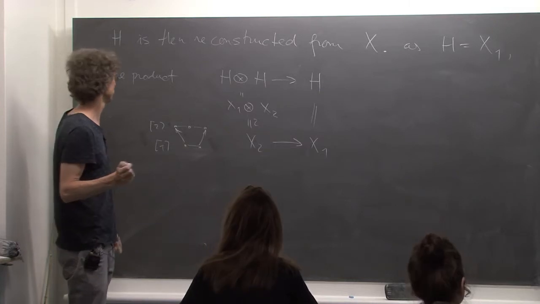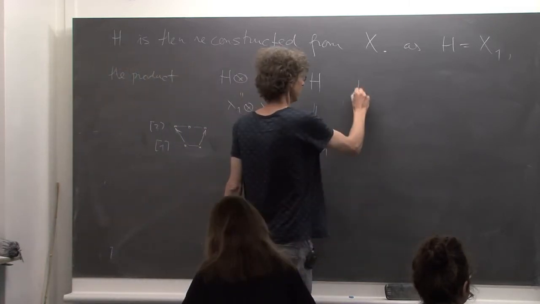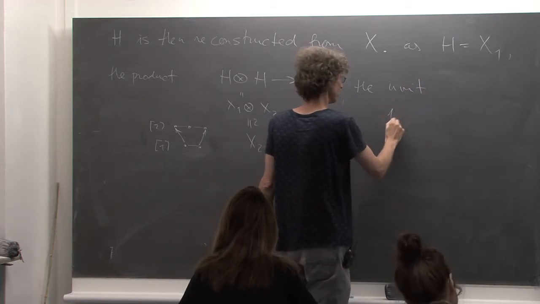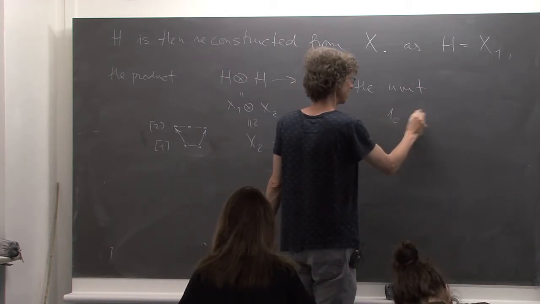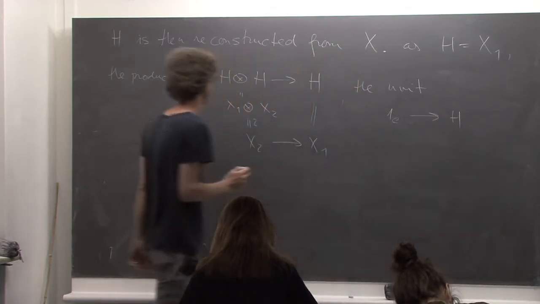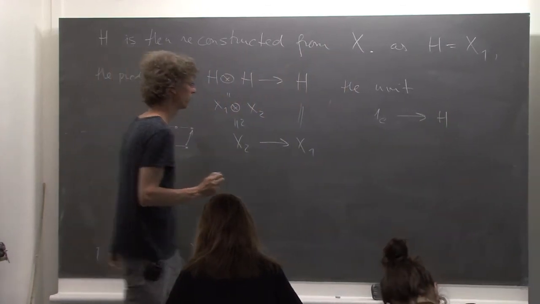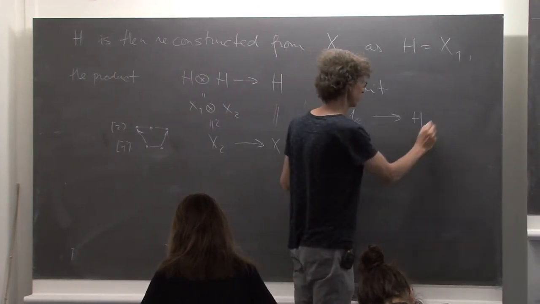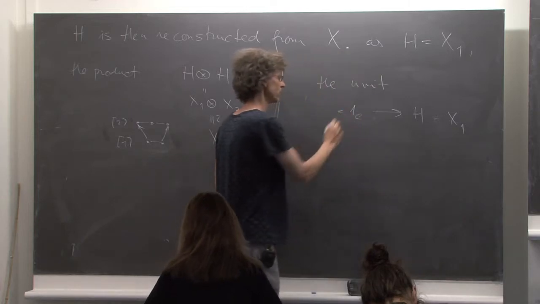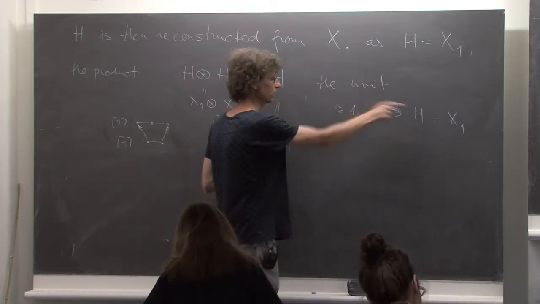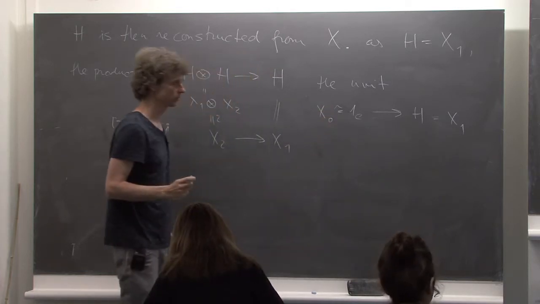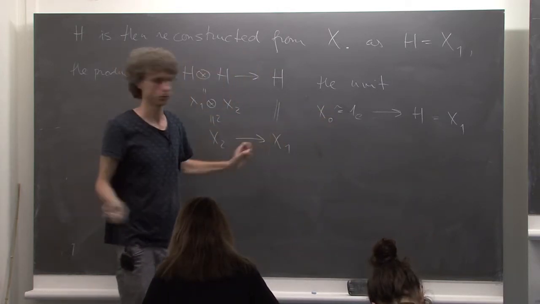And finally, the unit. It should go from the unit object in C into H. Now this guy is X_1. This guy is isomorphic to X_0, and we know that's exactly what we had before, right?